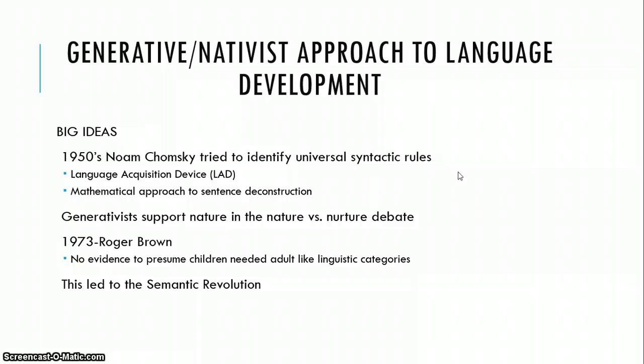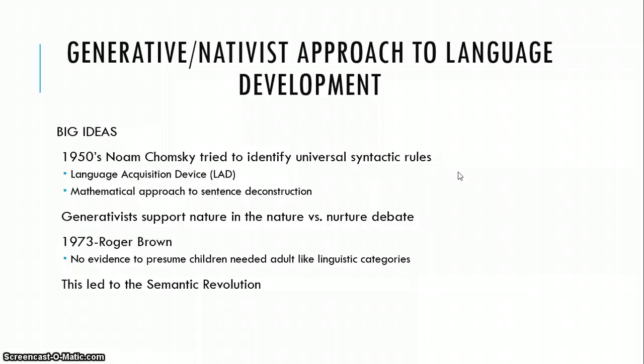And then in 1973, a gentleman named Roger Brown tried to debunk Chomsky's work a little bit, and what he did was he concluded that the universal grammar did not account for acquisition of all languages. There was no evidence to support some of the earlier ideas, and that led to the semantic revolution.